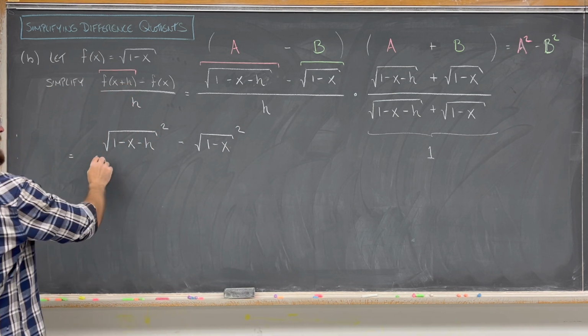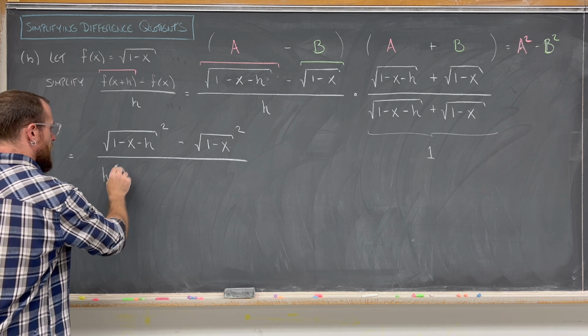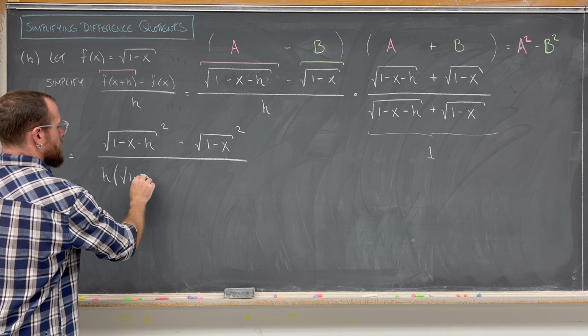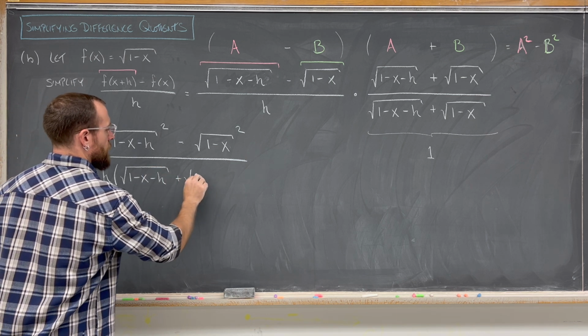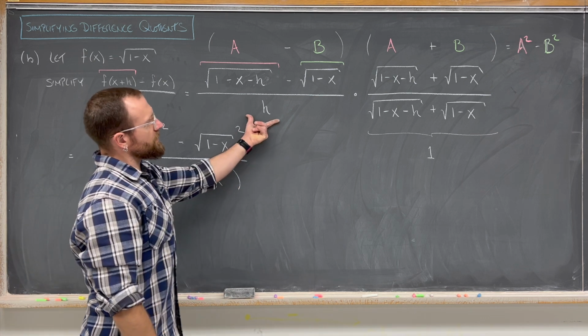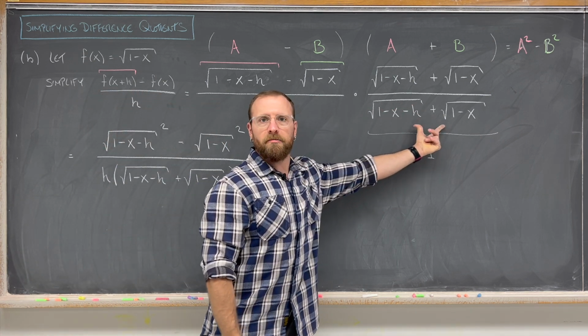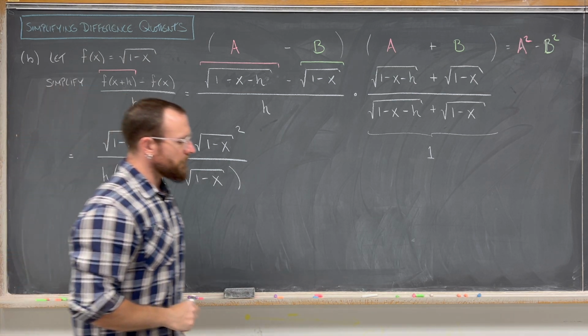Okay? And downstairs, it's going to be a little ugly. It's going to be h times the square root of 1 minus x minus h plus the square root of 1 minus x. Okay? It's just this denominator times this denominator. And I'm not going to bother distributing this because I know where this is going.